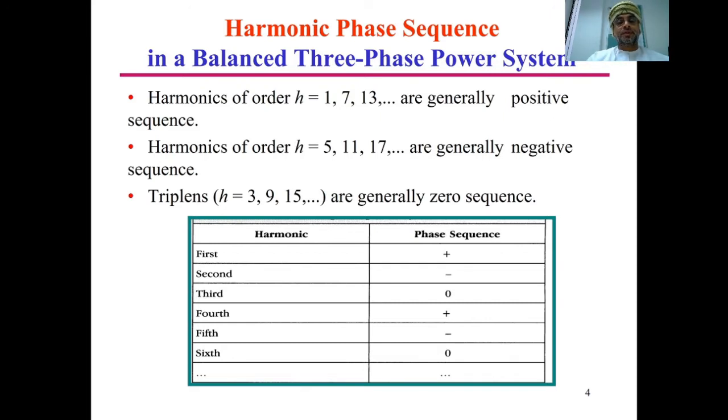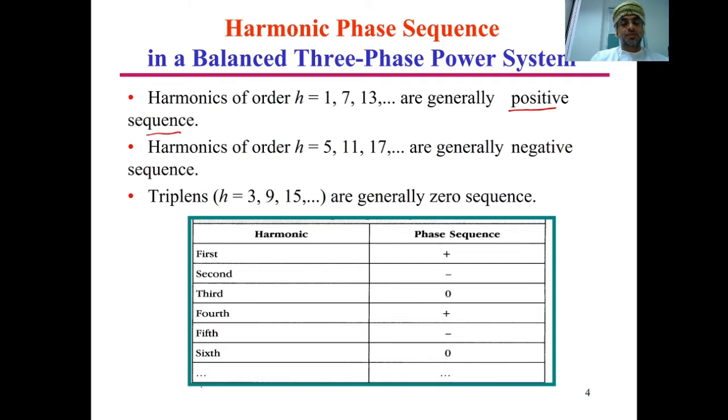Harmonic of order h, we call it 1, 7, 13. They have positive sequence based on this table. Because normally in any waveform we're going to have the first, second, third, fourth, fifth, sixth, seventh, and so on.